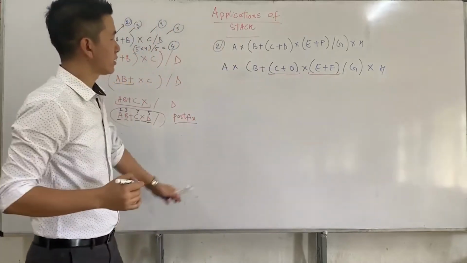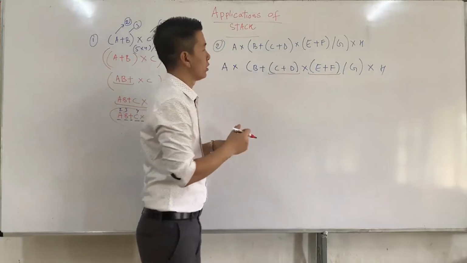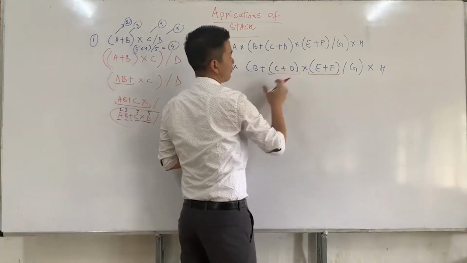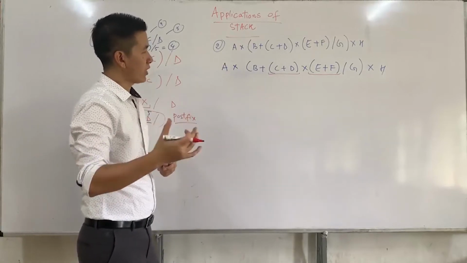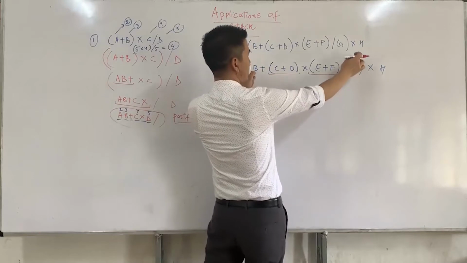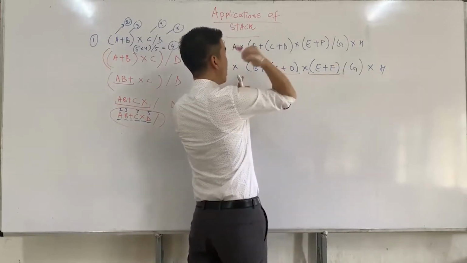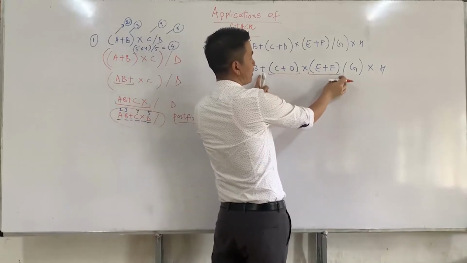Now, because these two are the innermost brackets, both of these will have to be evaluated first. Now the question is, in the next outer bracket, you have the plus sign, you have multiplication, and then you have division.